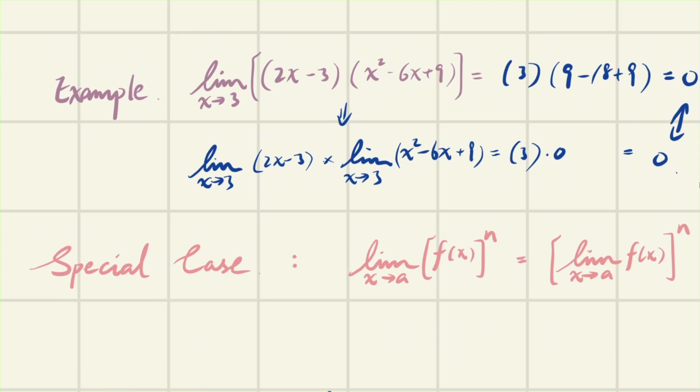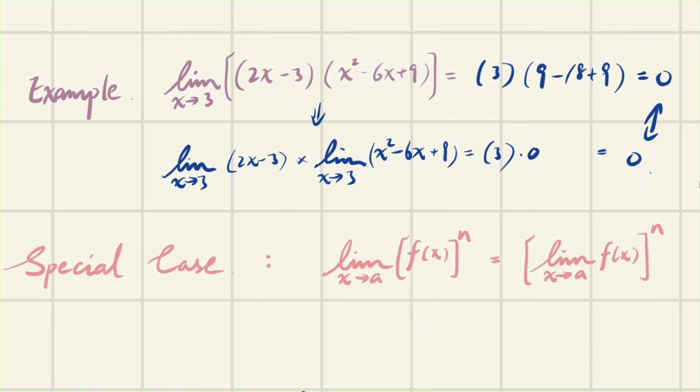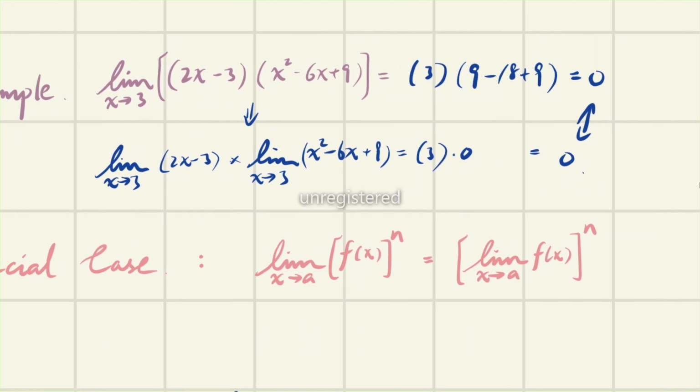So for the special case, let's say my g of x equals f of x. If I have a lot of f of x multiplied together, which means f of x to the power of n, it is equal to taking the limit of the inside first, and then taking the power of n later. It's the same thing. For example, when n equals 2, f of x squared is f of x times f of x, right?